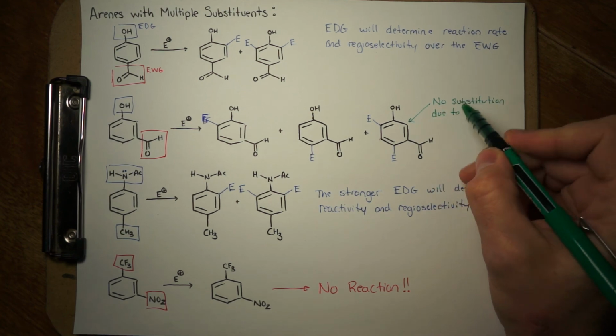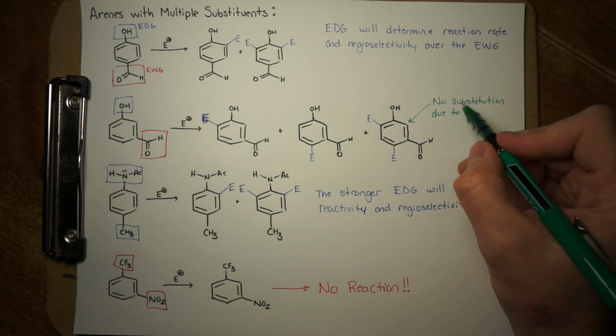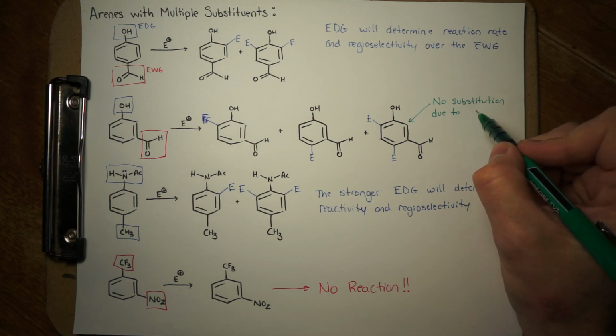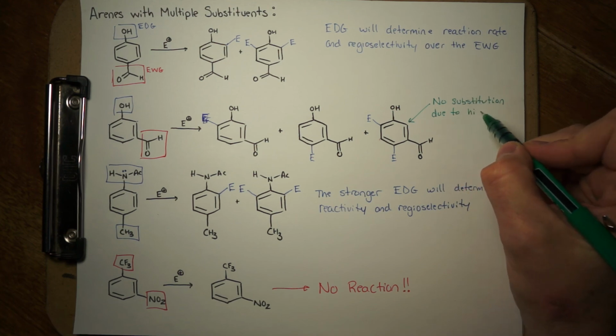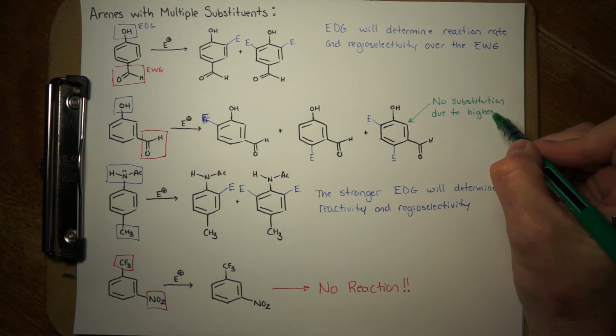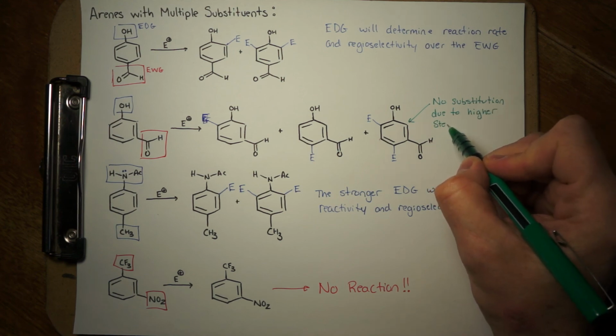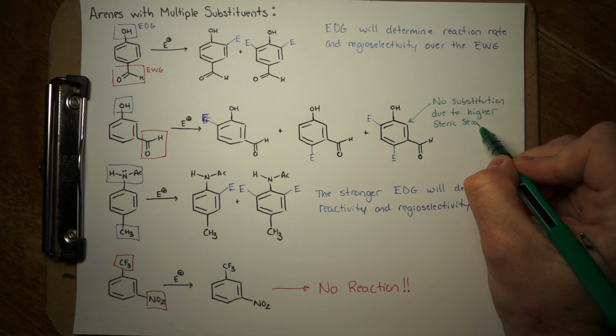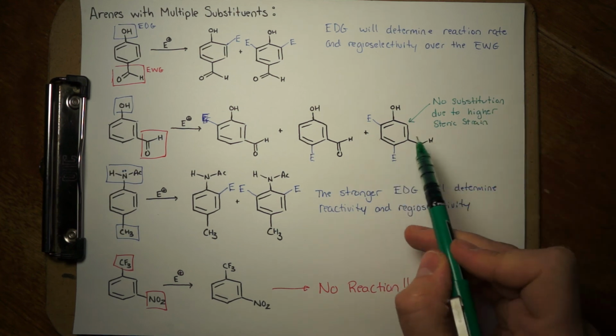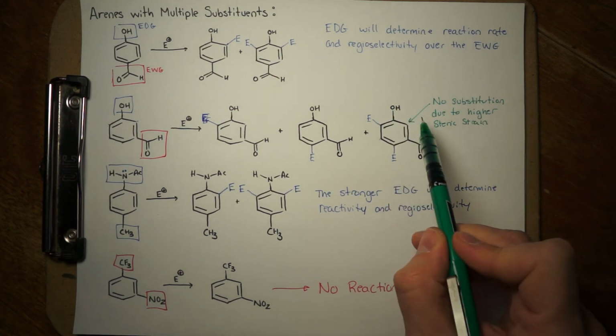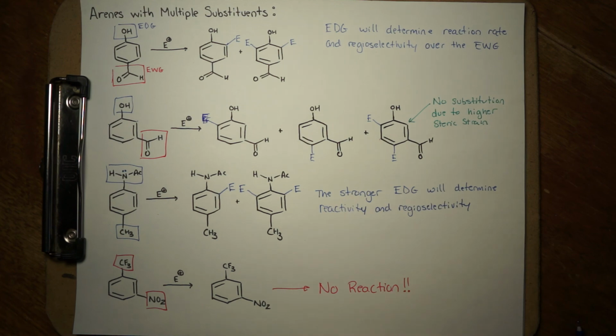So the reason why substitution would not take place here is because of the higher steric strain. Right? And the steric drawback of having three substituents all in one row.